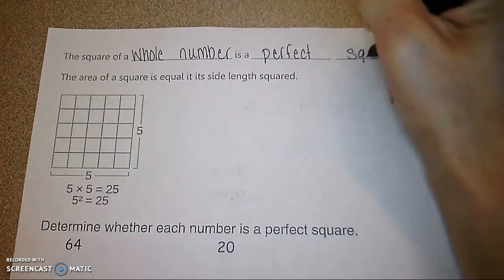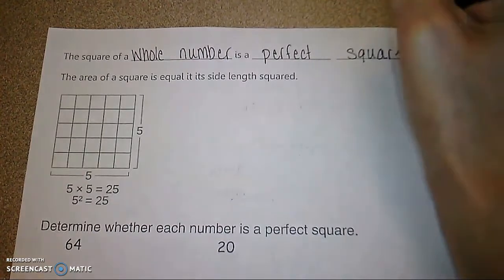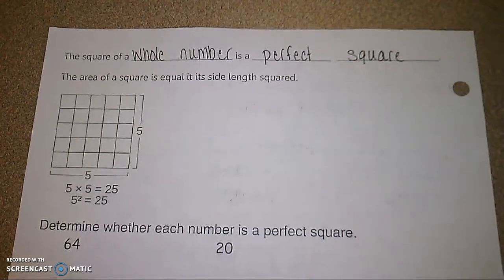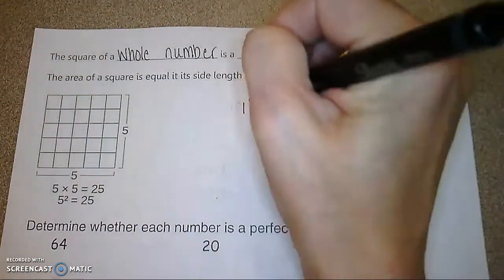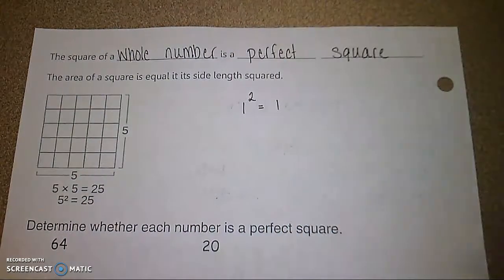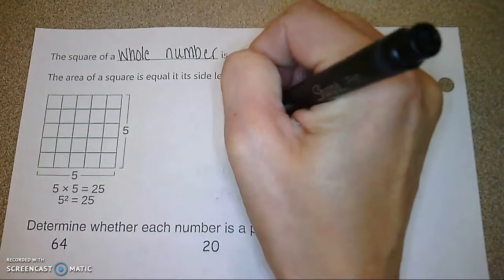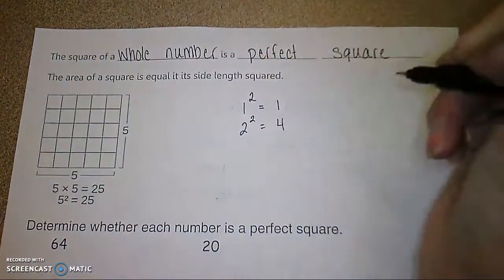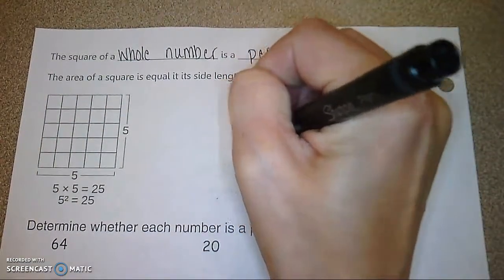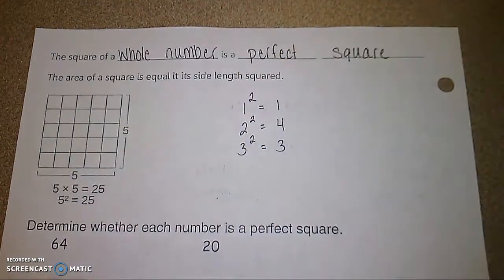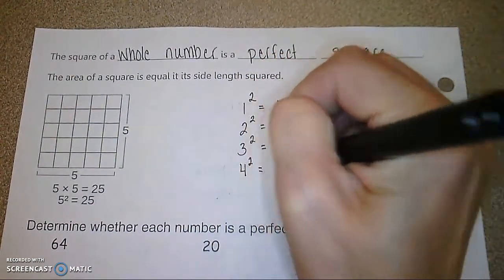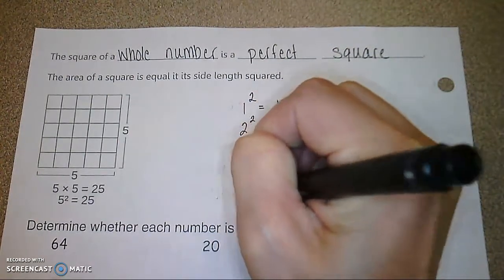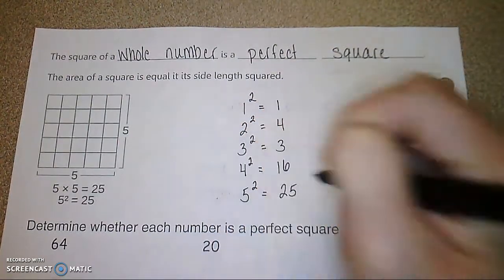So what that means, if I take a whole number and square it, such as 1 squared, I get 1. 2 squared, 4. 3 squared, 9. 4 squared, 16. 5 squared, 25, and so on.